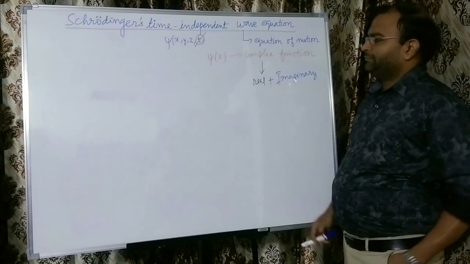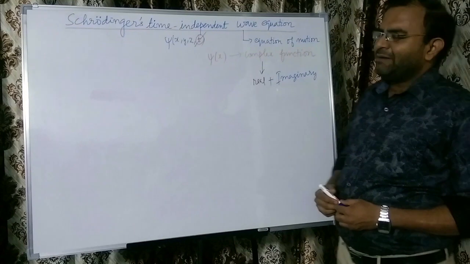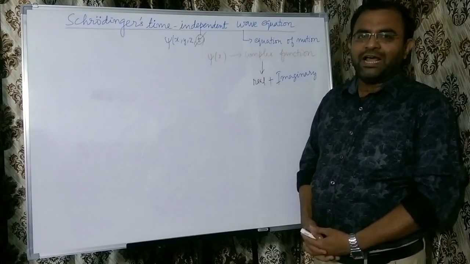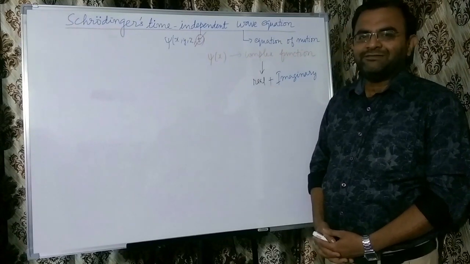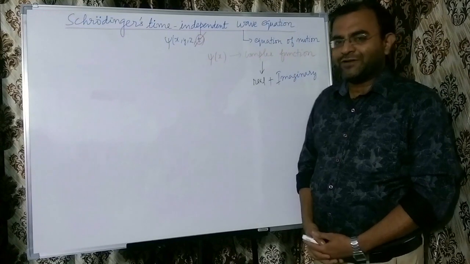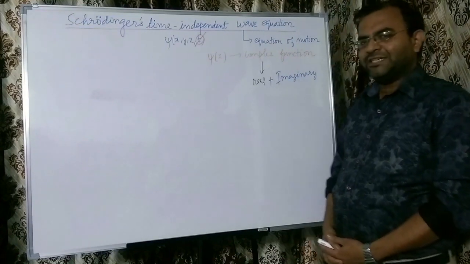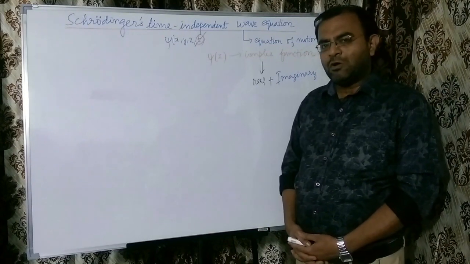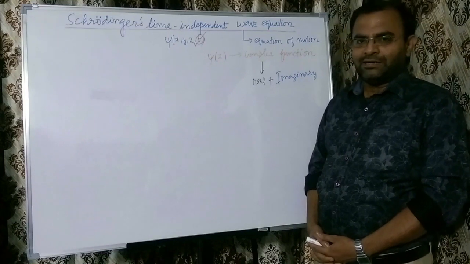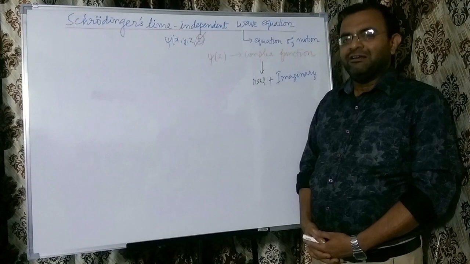Right. Now wave function has very interesting properties. For example, if you want to consider the physical significance of the wave function, though it is just a mathematical function, it represents, at some level, some physical reality as well. So this mathematical function, which is a complex function, has to obey certain very important things. So in another video, to which I will provide the link in the present video, I'll discuss the entire significance of the wave function.